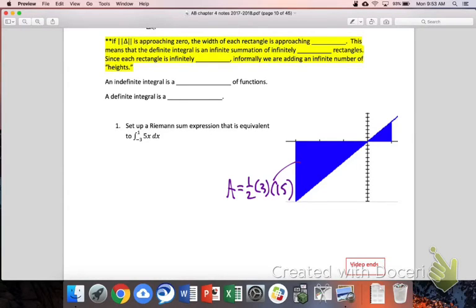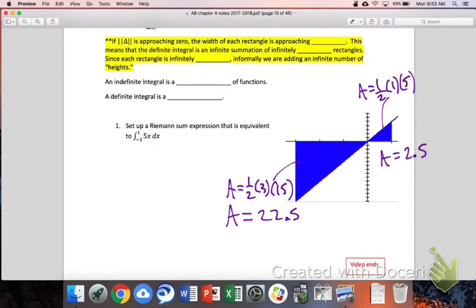And then this one right here, the base length is 1, and the height is 5, right? Okay, so 1/2 times 3 times 15, what is that? So 45 times 1/2, 22.5. Okay, so 22.5 there. And up here, 2.5.